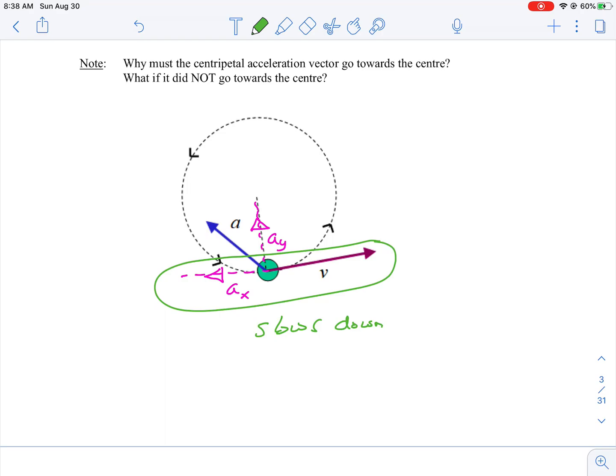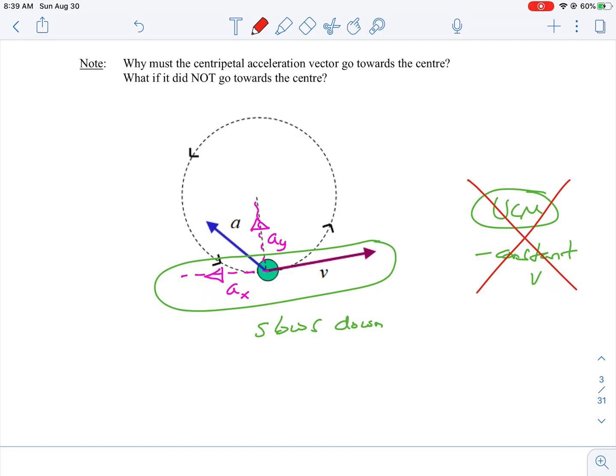And that's not allowed for uniform circular motion. When it's uniform circular motion, it has to go around at a constant speed. So that's not possible in this situation because of that X component.